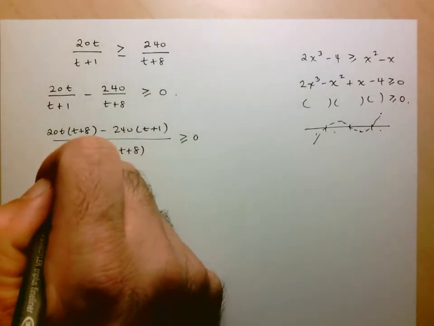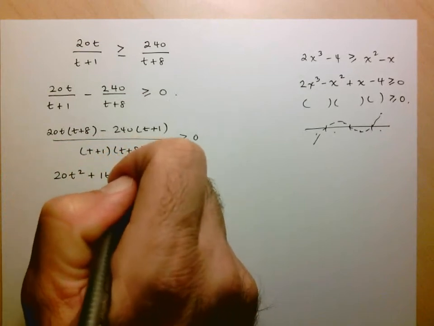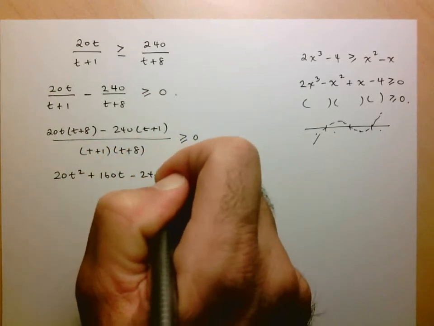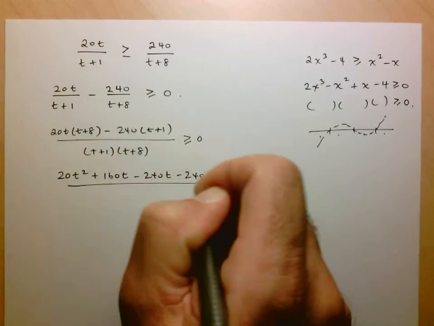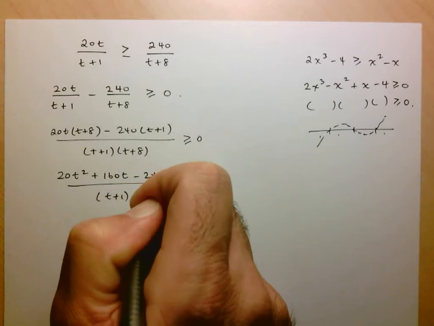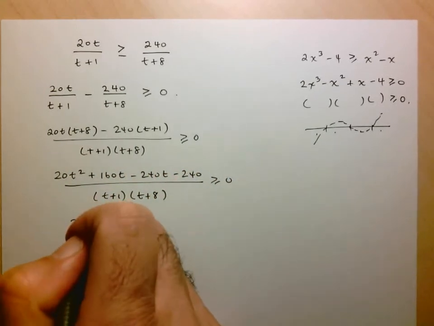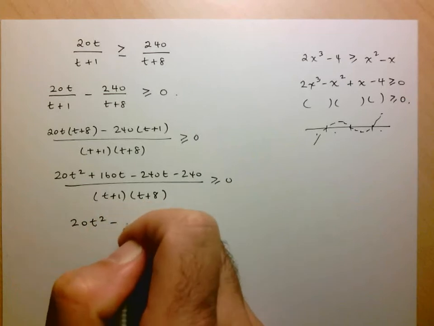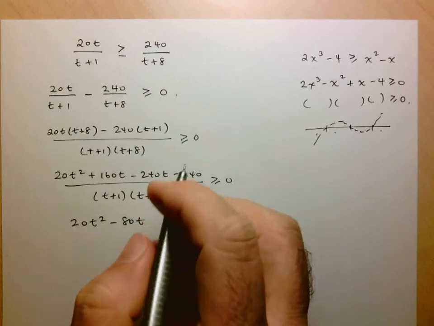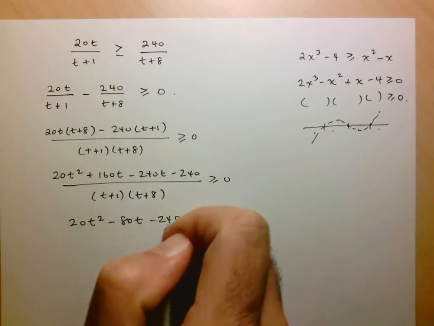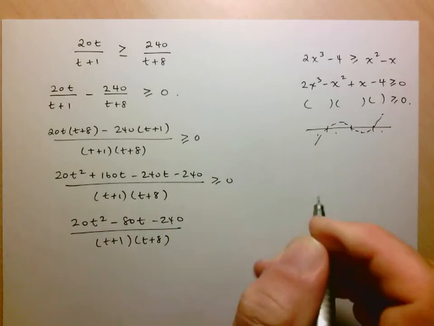We have 20t squared plus 160t minus 240t minus 240. And so finally at the top we have 20t squared minus 80t minus 240, all over t plus 1 times t plus 8.